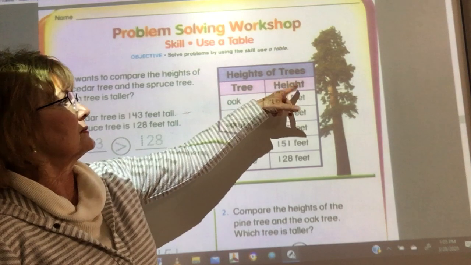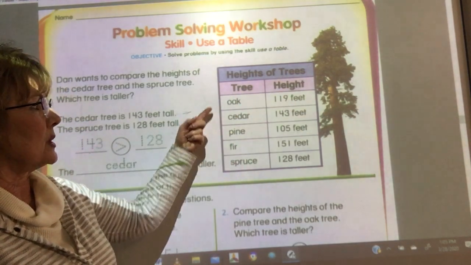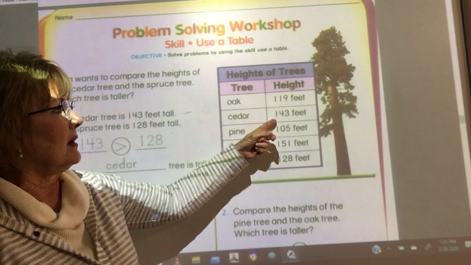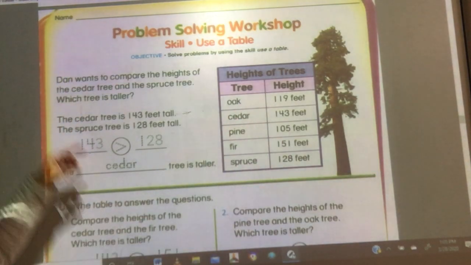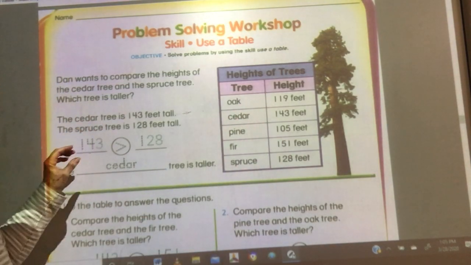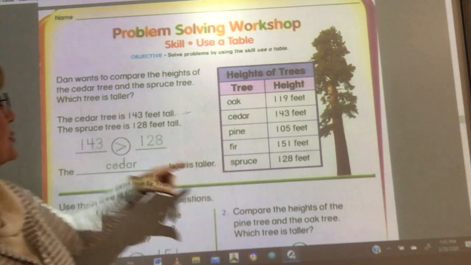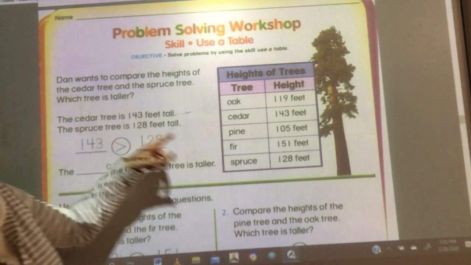The heights of trees. The tree: oak, cedar, pine, fir, spruce, and the height. All these numbers say how high they are. So here's an example. Dawn wants to compare the heights of the cedar tree and the spruce tree. Which tree is taller?